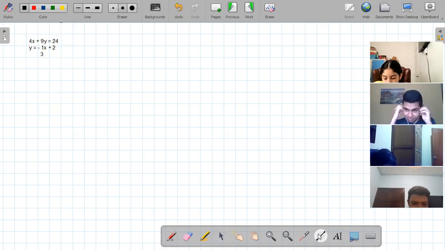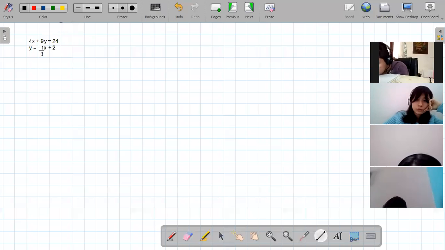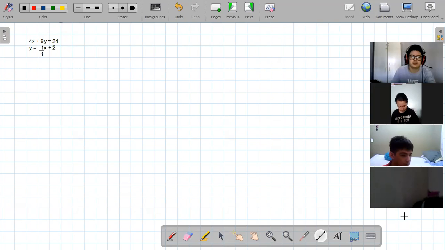I'm going to pass over here the fraction mark. There. So that's my system: 4x plus 9y equals 24, and y equals negative 1/3 x plus 2. What has to be here?